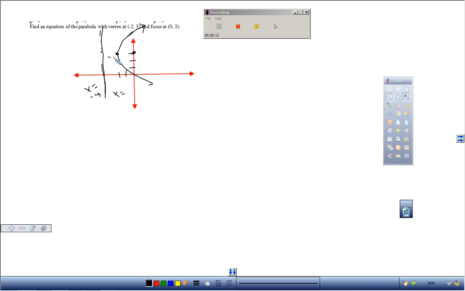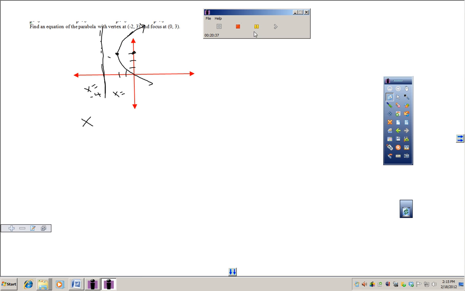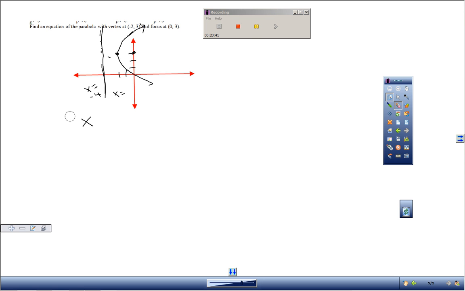Okay, so now you know that using the formula, this is a y-squared parabola, since it's opening to the right or left.